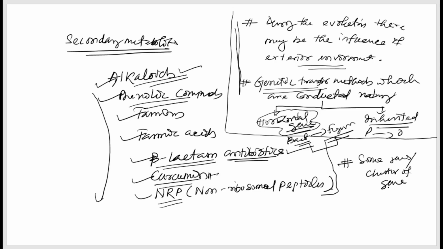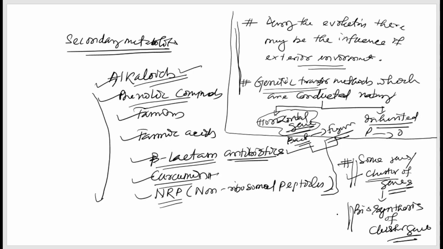Those genes responsible for the production of different enzymes regulating the secondary and primary metabolite pathways are usually in a cluster form, in a group, so-called biosynthetic gene clusters. That means certain genes are grouped together to produce the enzymes regulating different secondary and primary metabolic pathways.